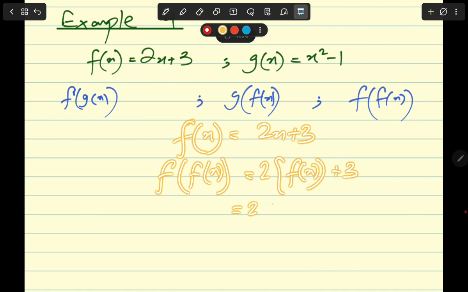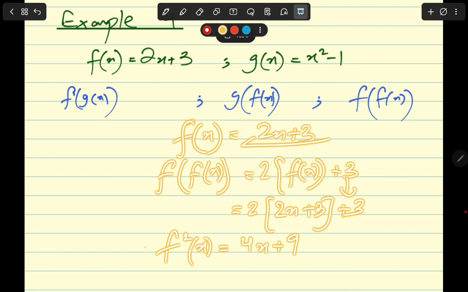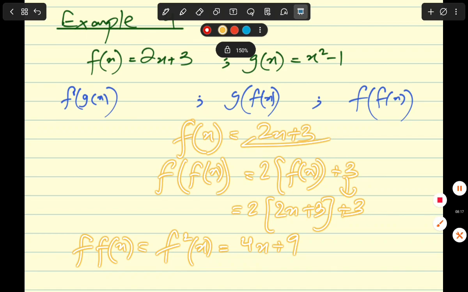So 2 of f(x) is nothing but 2 of (2x plus 3), and then plus 3 gets copied from the previous step. So this is 4x plus 6 plus 3, which is 4x plus 9, and this is my f squared of x, or f of f(x). So this is the heart of composite functions. So if you are getting it till here, I think you are going to do just fine in this topic.